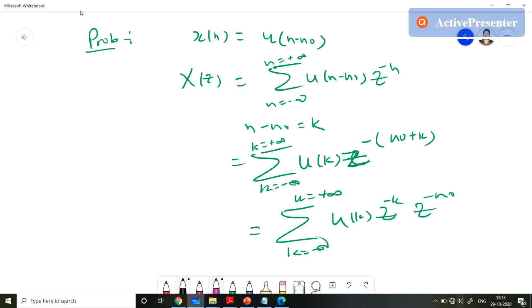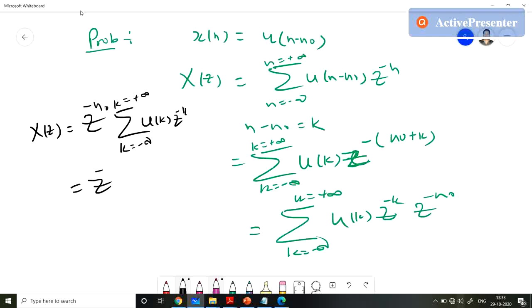Now we can see that X(z) is z raised to the power minus n naught times the summation from k equals minus infinity to plus infinity of u[k] z raised to the power minus k. Here we can see that from k equals 0 to infinity only, u[k] equals 1, so it is z raised to the power minus k.